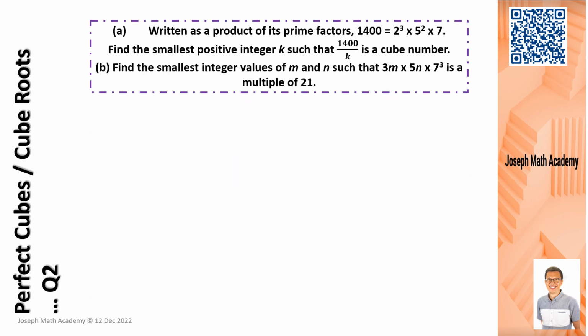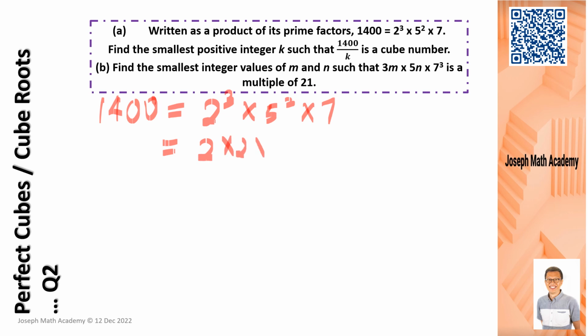So, continue. Let me rewrite the expression given to us. 1400 is 2 cubed times 5 squared times 7. I'm expanding this, so 2 times 2 times 2 times 5 times 5 times 7. So this is 1400.